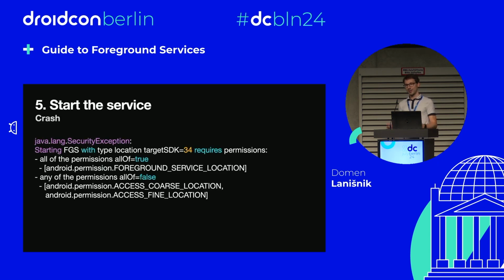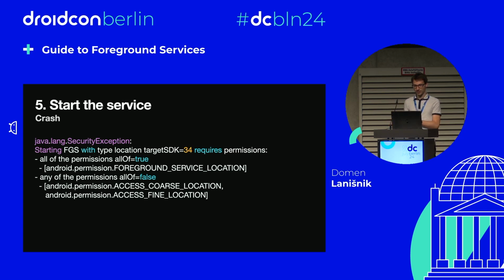So we received a security exception saying that foreground service with type location requires the following permissions. Okay, so we have the foreground service location permission defined in the manifest. However, we do not have the actual runtime permissions to access location.